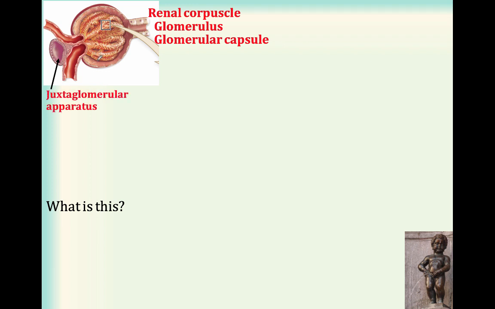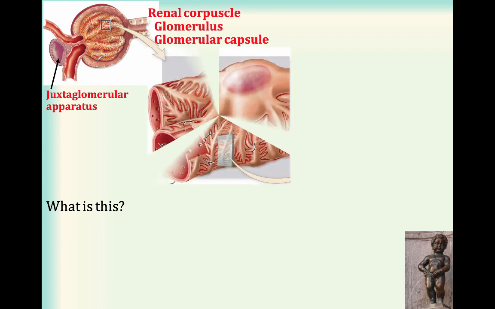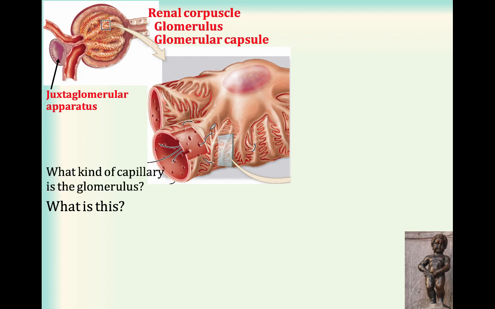And then there's that juxtaglomerular apparatus that's so important. And now what we're doing is we're taking a piece of this and blowing it up so that we can look at it a little bit more closely. And there you can see the glomerular capillary. And what kind of a capillary is this guy? And these should be a clue for you, although they're not the greatest depiction in the world.